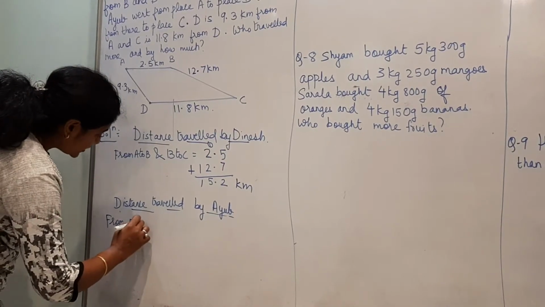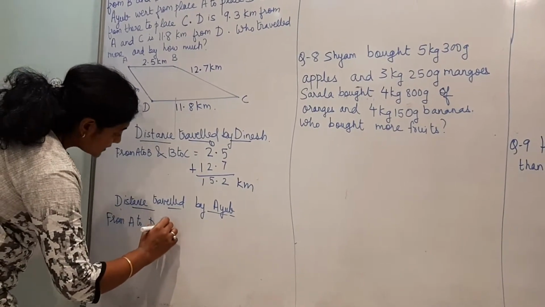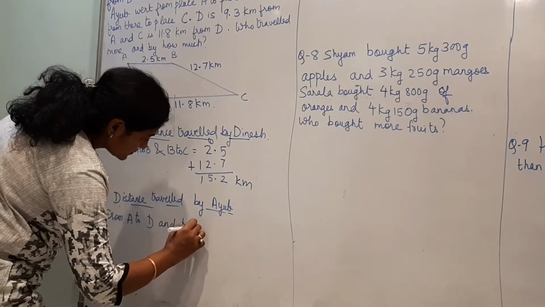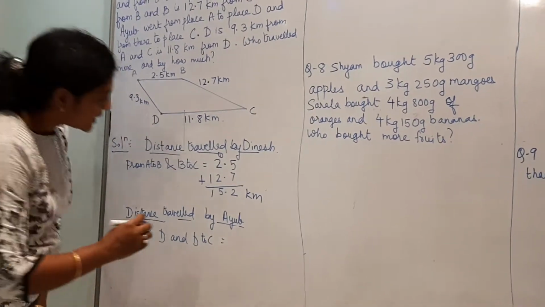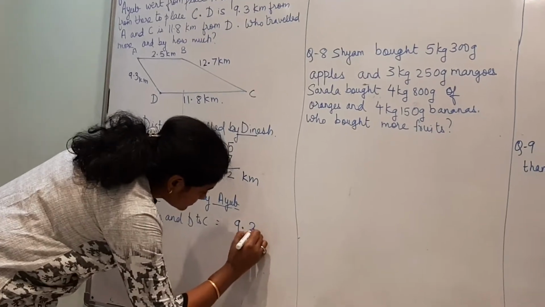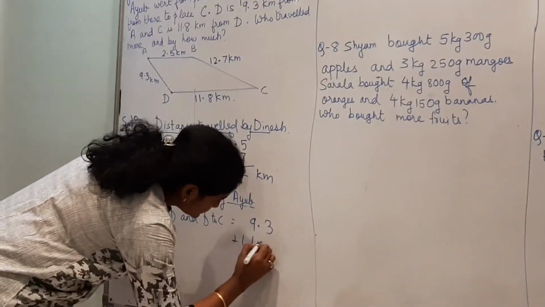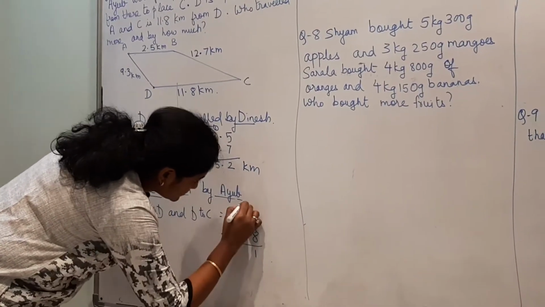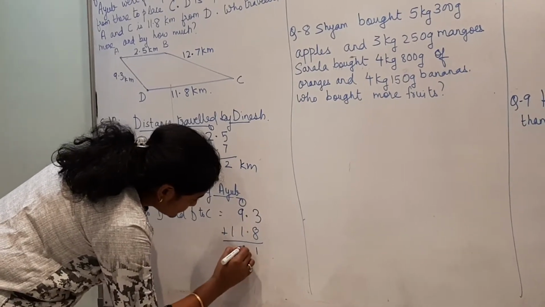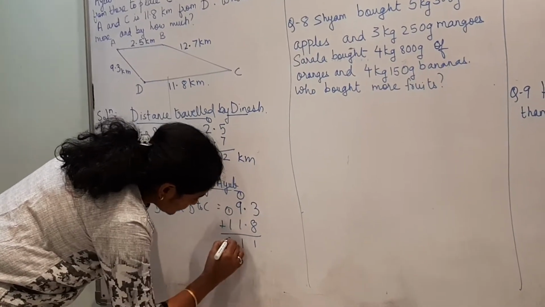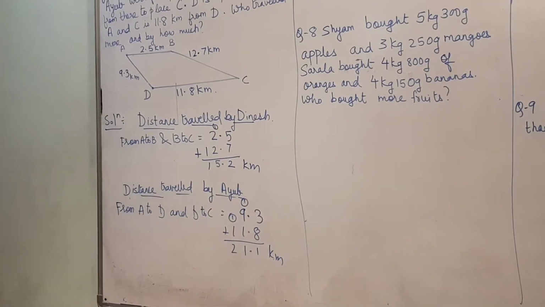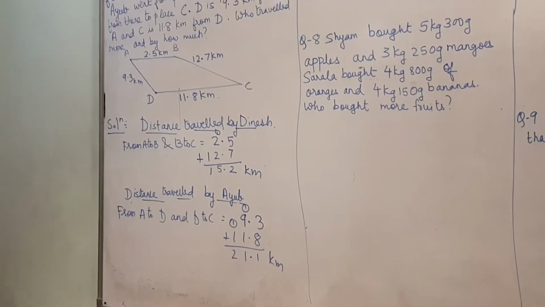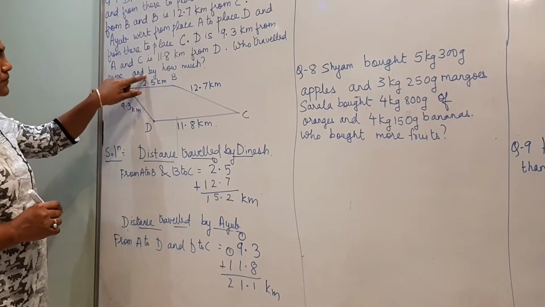From A to D and D to C. So this is 9.3 plus 11.8. Yes, this comes out to be 21.1.